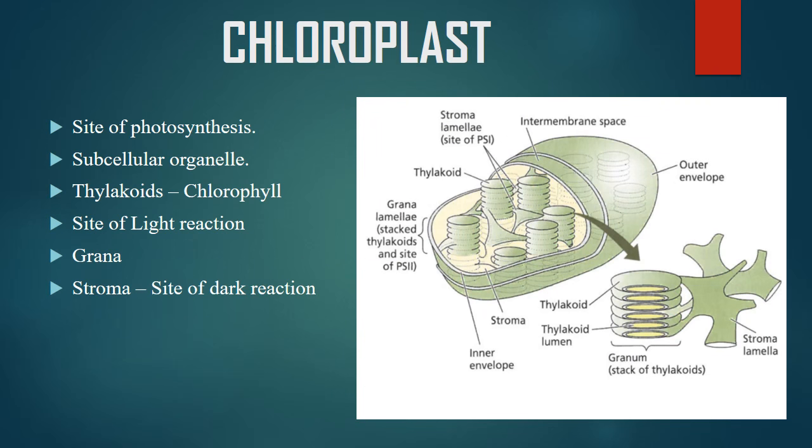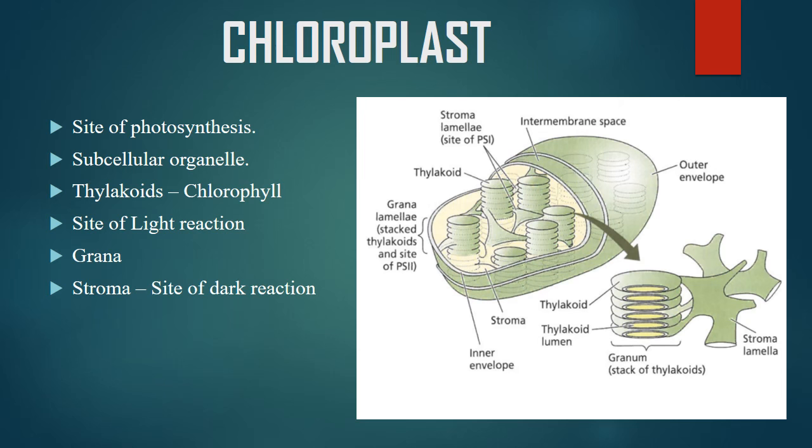Chloroplast is the site of photosynthesis. In photosynthetic eukaryotes, photosynthesis takes place in the subcellular organelle known as the chloroplast. The most striking aspect of the structure of the chloroplast is the extensive system of internal membranes known as thylakoids.